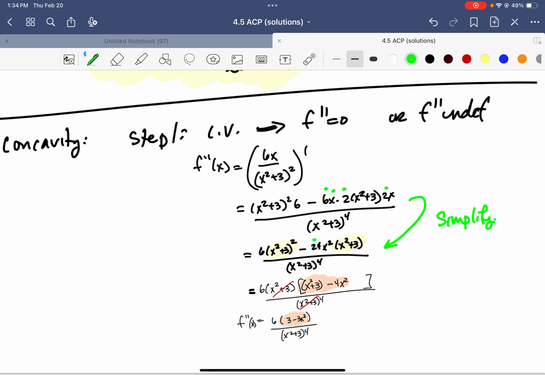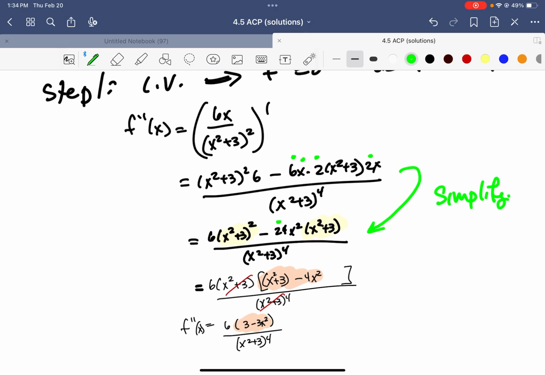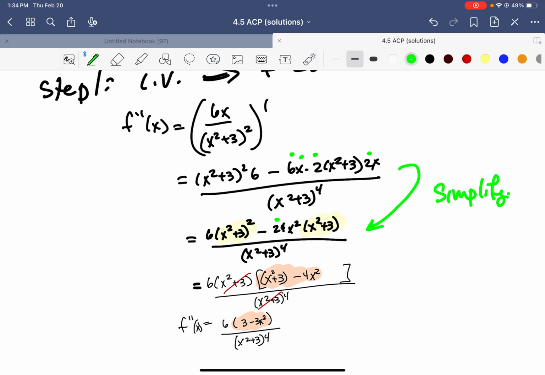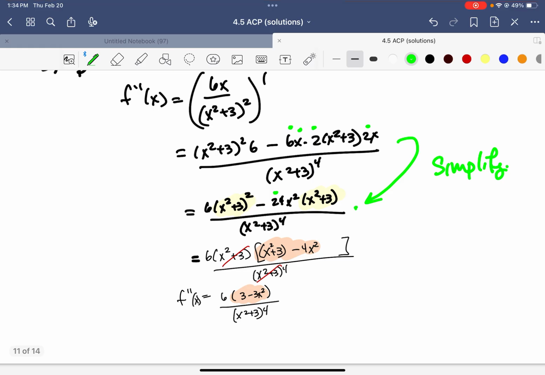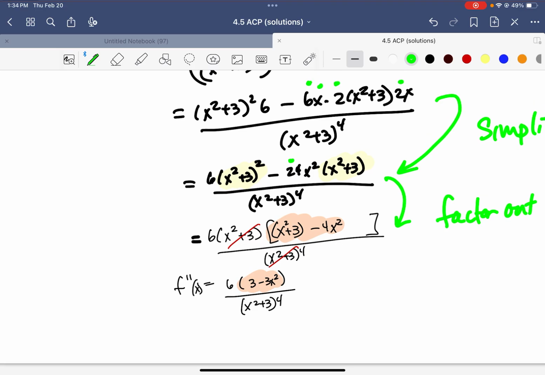That's all I've done to get this right here. Why does that make sense? Well, then from here to here, we factor out x squared plus 3. And we get our simplified version.